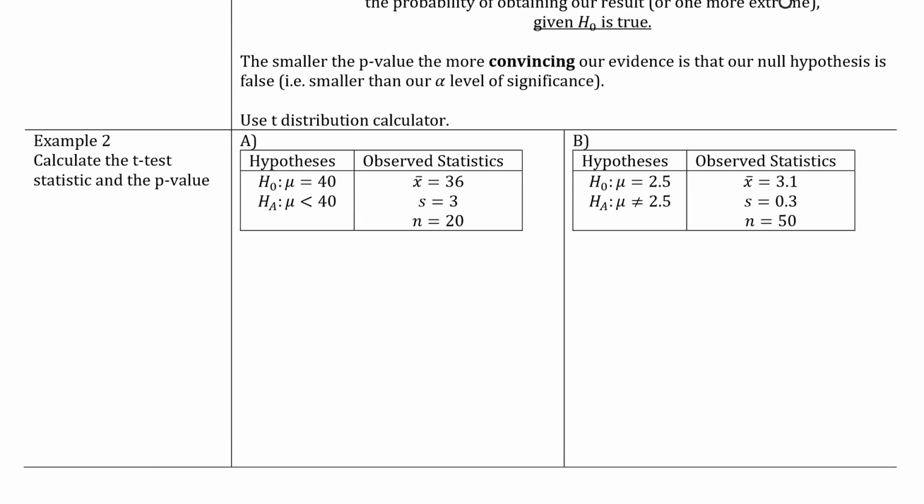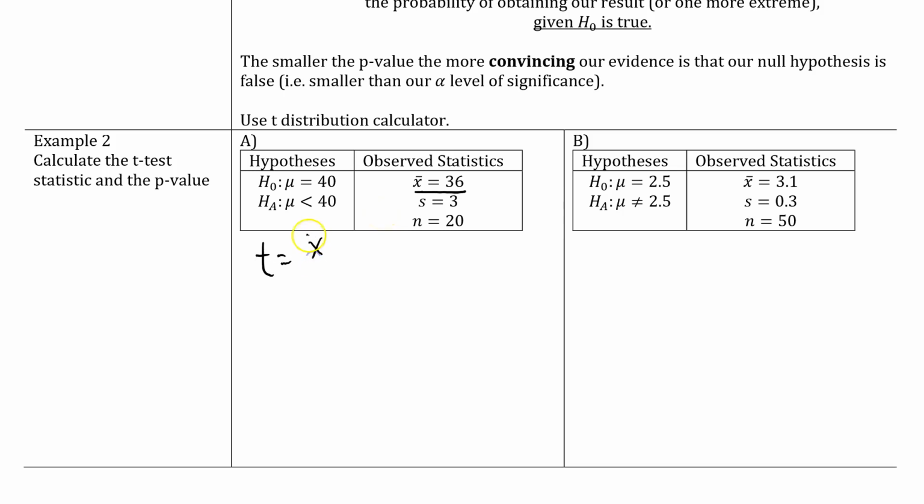So if we have these hypotheses over here on the left, and then we have these observed statistics, well, we can just find our t-score. What we got was 36. So we have 36 minus the hypothesis. Well, actually, let's write down the formula first so you can match it up.